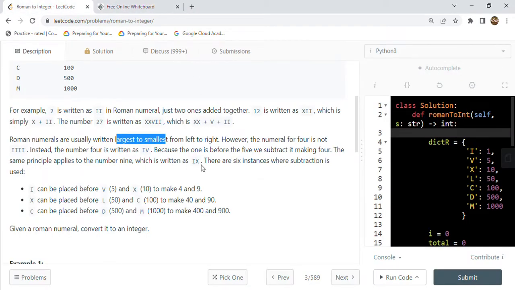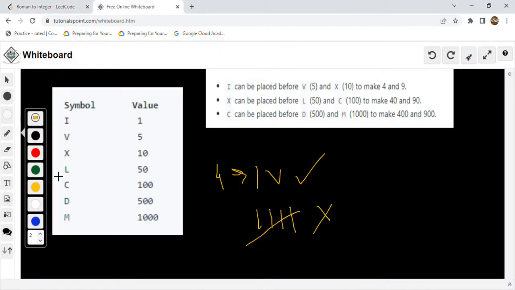Now next, what they have said is that the numeral for 4 is not IIII, instead it is written as IV. Because the 1 is before the 5, we subtract it, making 4. How do we determine its value? We determine its value as, because the value of I is 1, and the value of V is 5.